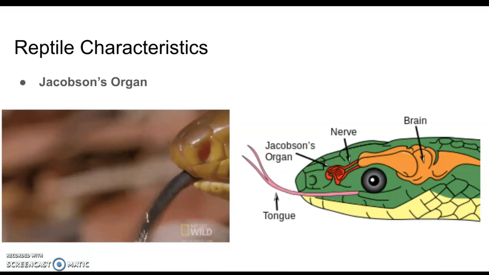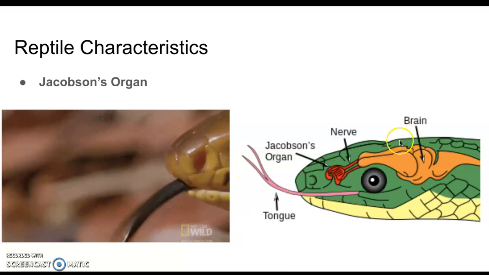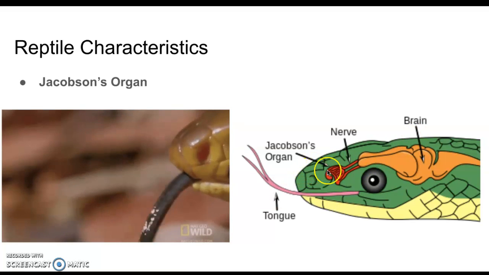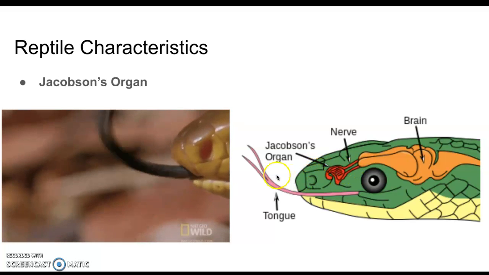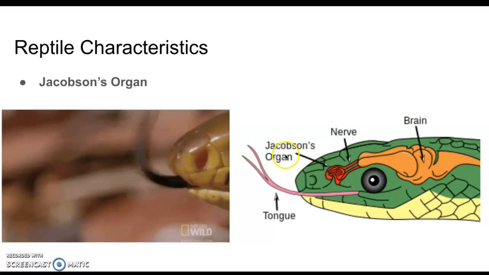Another interesting thing about reptiles is that they have this organ called the Jacobson's organ. If you look in the head, at the roof of the mouth, like up here, you have this organ.